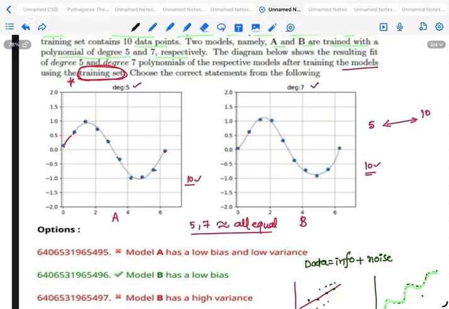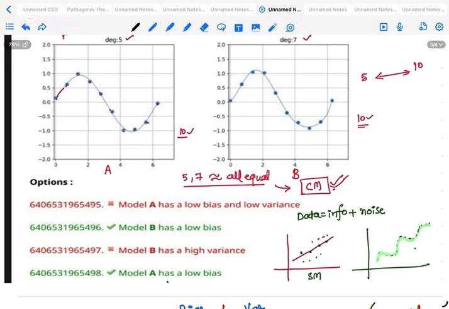Both come under complex models. Why is this a complex model? A complex model means it passes through every data point, almost all data points.